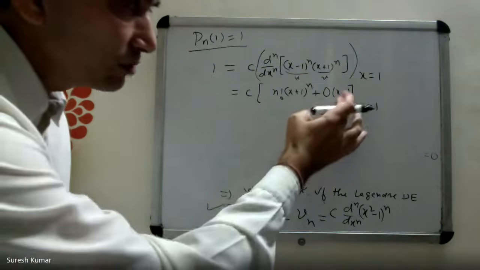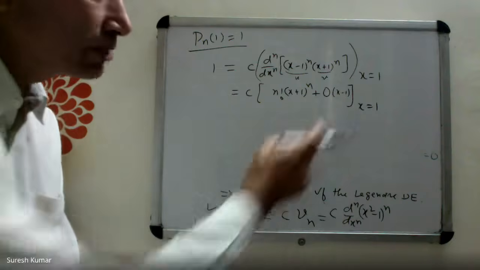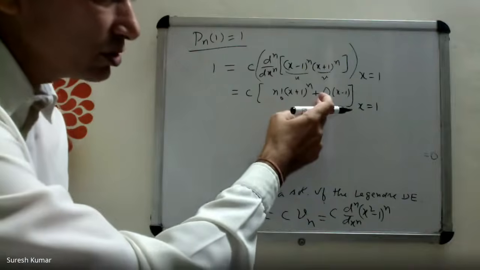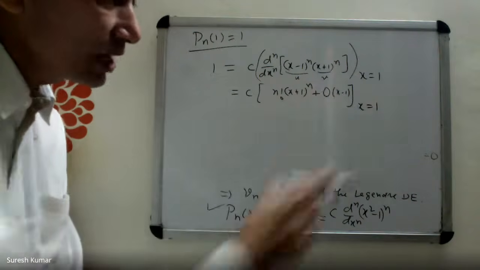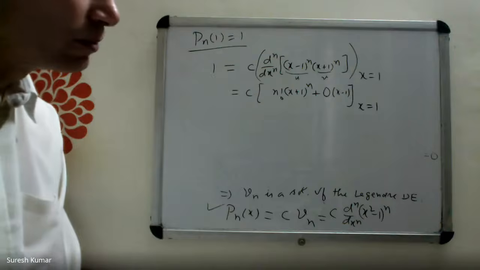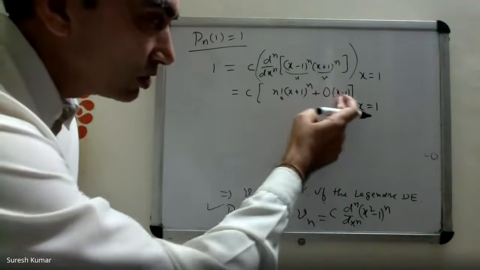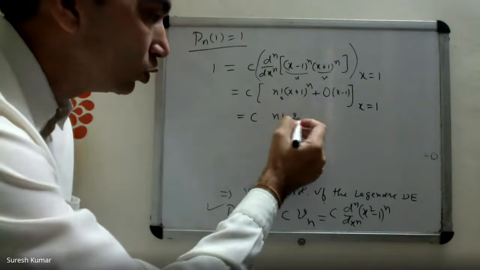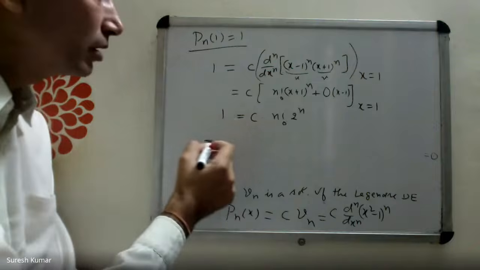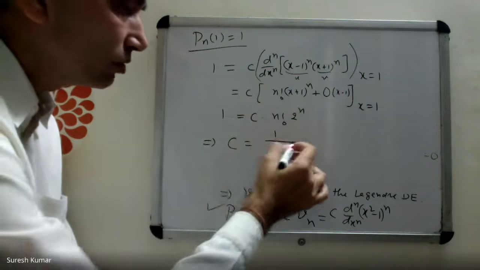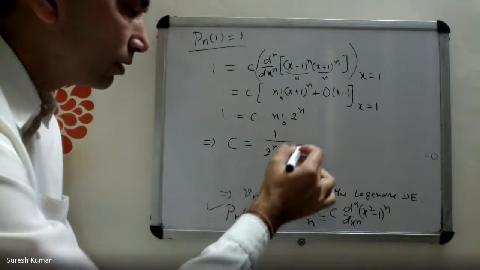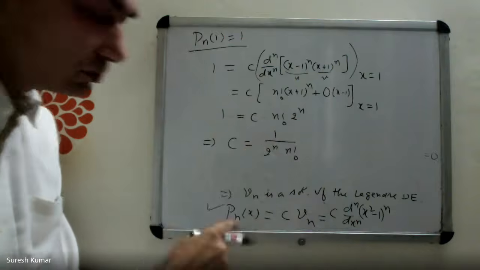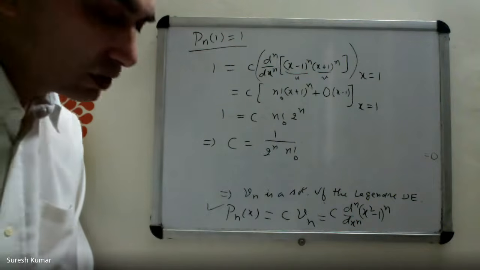So you can write in words: this term plus terms carrying the factor (x minus 1). So at x equal to 1, all these terms would be 0 and you are left with c times n factorial into 2 power n. Right? It means c should be 1 over 2 power n into n factorial. So if you put the value of c here, you have got your formula, the Rodrigues formula.